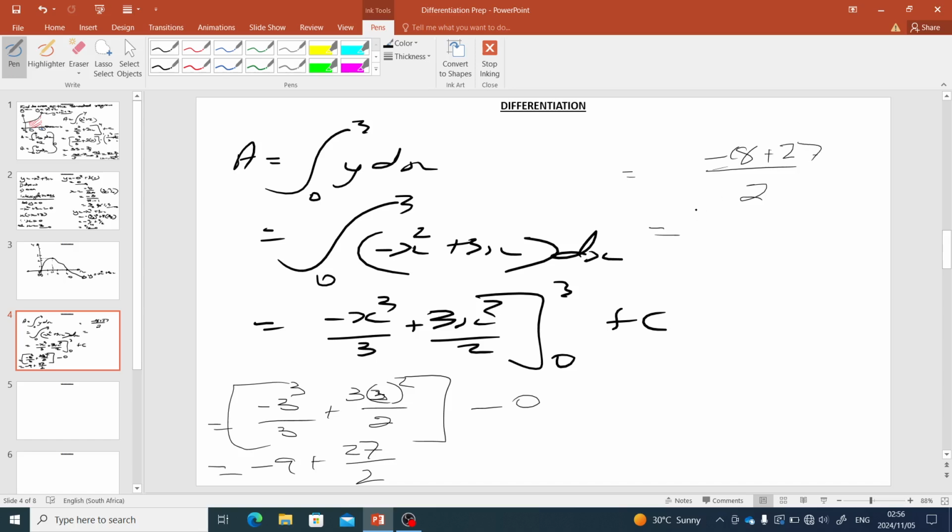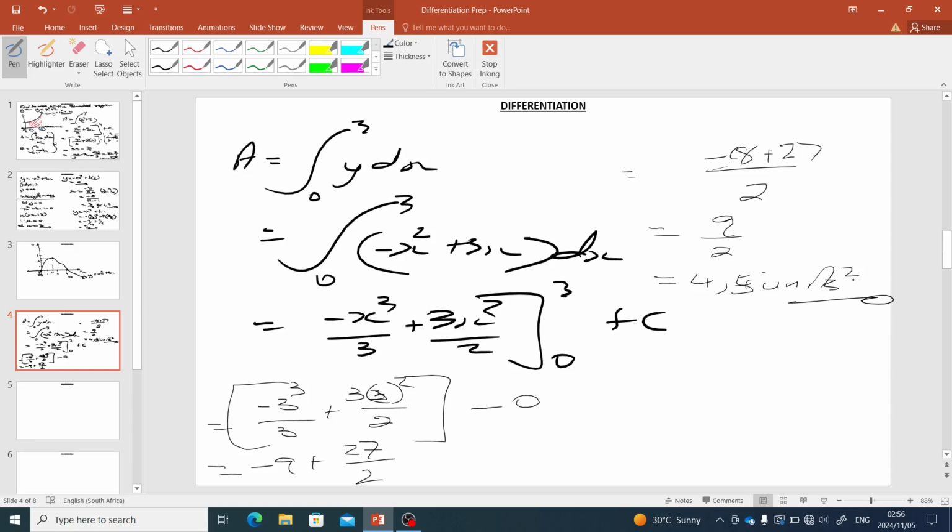Then we get our answer as 9 divided by 2. Then we get our area as 4,5 units squared.